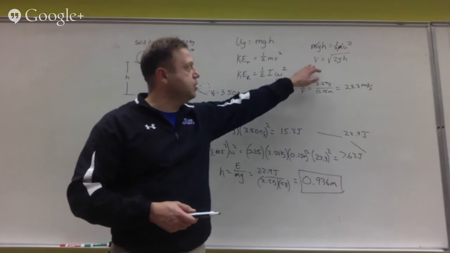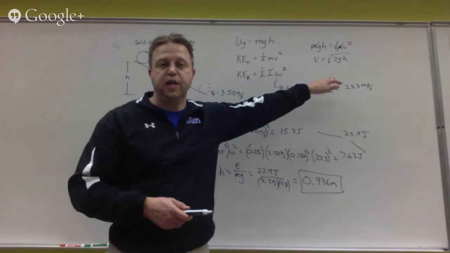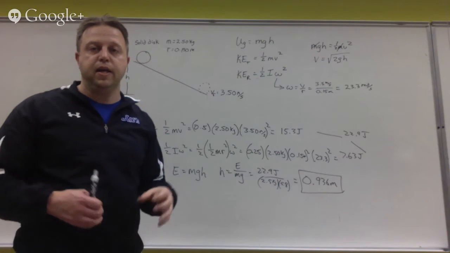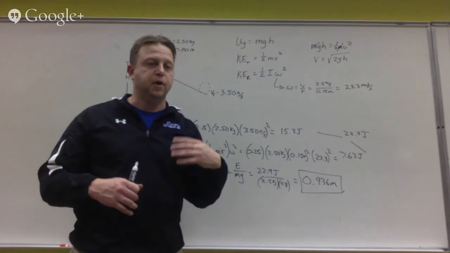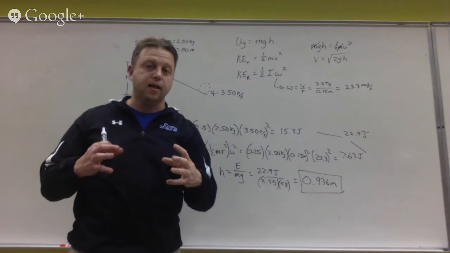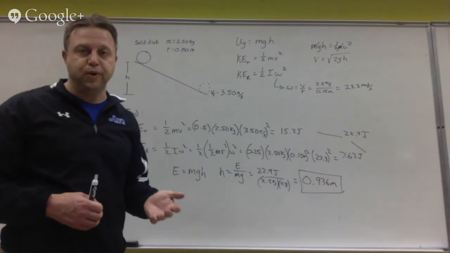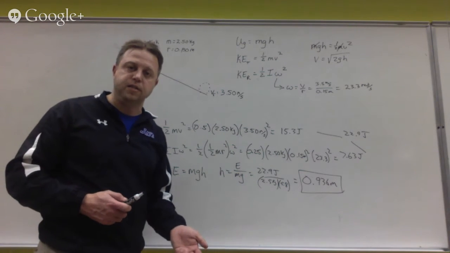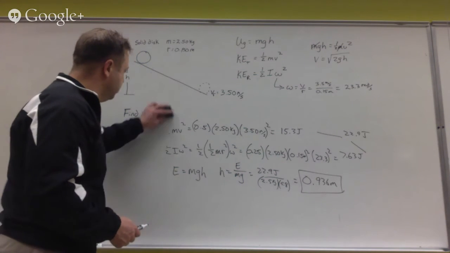If we have an object sliding with no friction, the final velocity is going to be equal to the square root of 2gh. If I take a hollow ring and roll it down a ramp, I have a different moment of inertia than I will for this disk. Or if I take a solid sphere versus a hollow sphere, those are all going to reach the bottom of the ramp at different rates. So we need to understand which one's going to get there quickest.